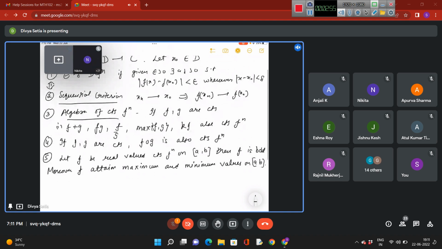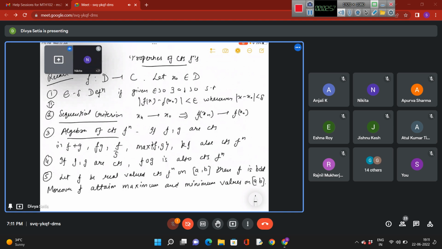Should I move ahead, or is there any doubt in any of the summary points, or any doubt in the previous proofs? I have sent the notes. Is there any doubt regarding the proof of anything?